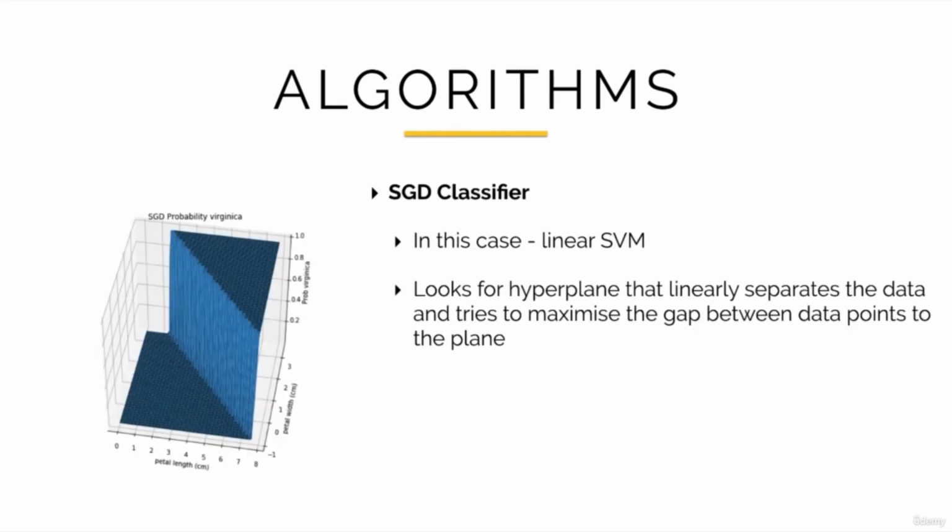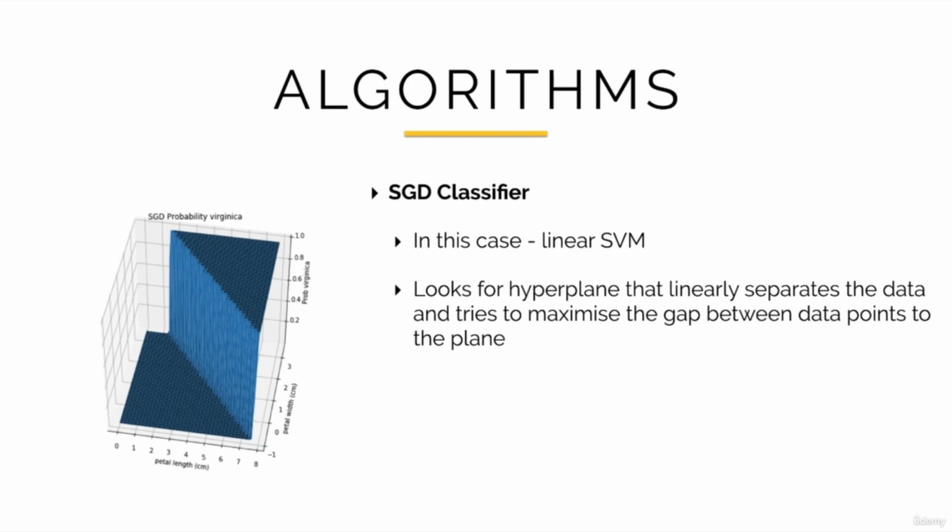If we look at the linear SVM or the SGD classifier, the stochastic gradient descent classifier here, what the linear SVM does is it tries to find a hyperplane that linearly separates the data. What a hyperplane is, it's basically just a line in the two-dimensional case here, and if it's 3 dimensions, it's a surface, and if it's 4 dimensions, it's kind of an internal area, but it just tries to find something that it can draw that separates the data.